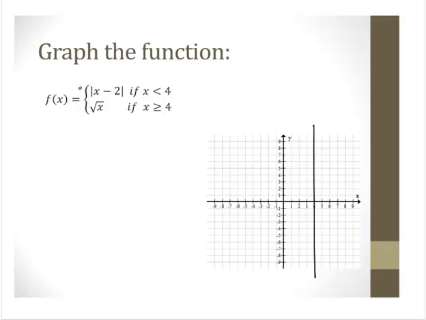All right, so blue for the absolute value of x minus 2, well, that's just absolute value of x shifted 2 to the right. All right, so we would have a few points on the curve. And we have the absolute value function.